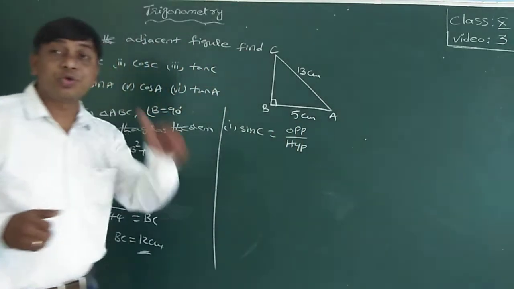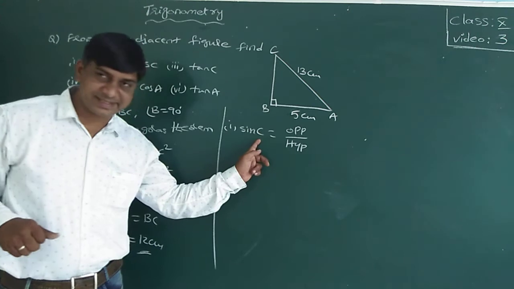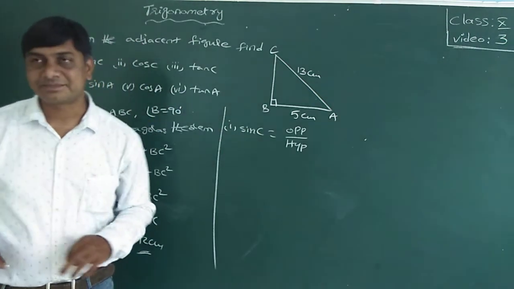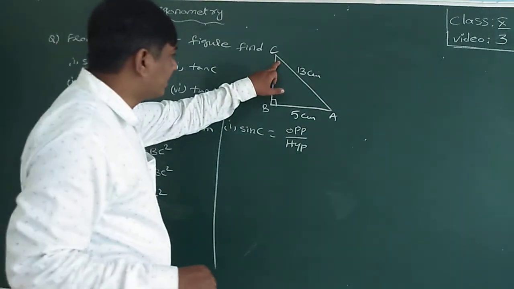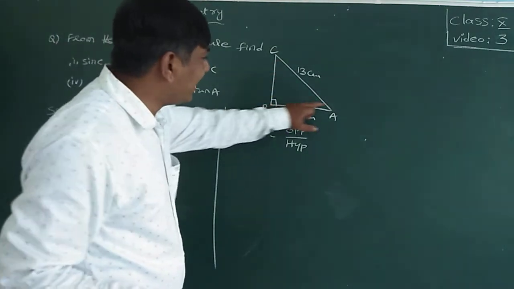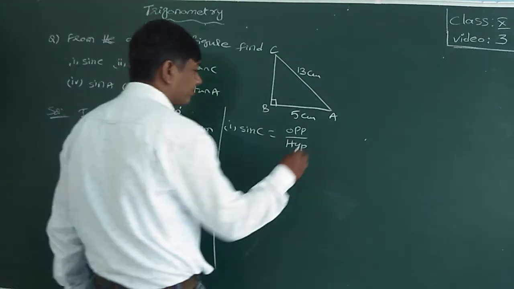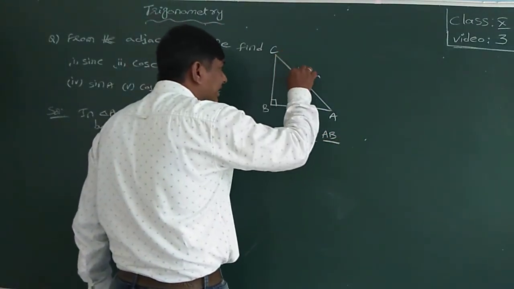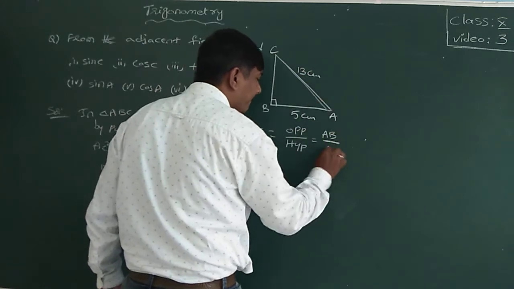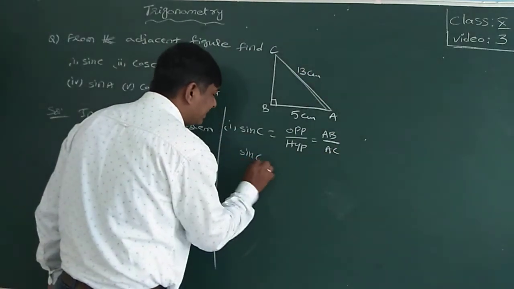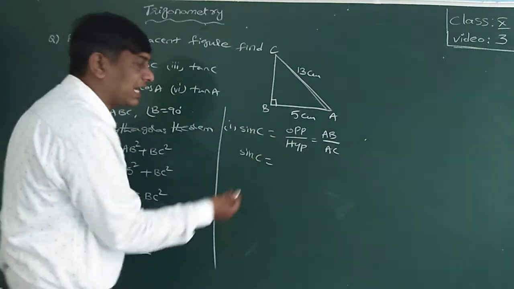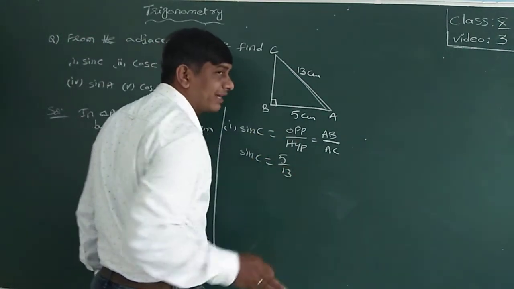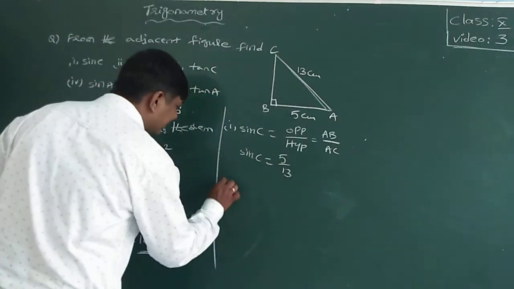Opposite side to the angle at C is AB, but the hypotenuse is AC. Therefore, sin C is equal to AB, which we already have, 5 by 13. I don't get any cancellation anywhere, so leave it.